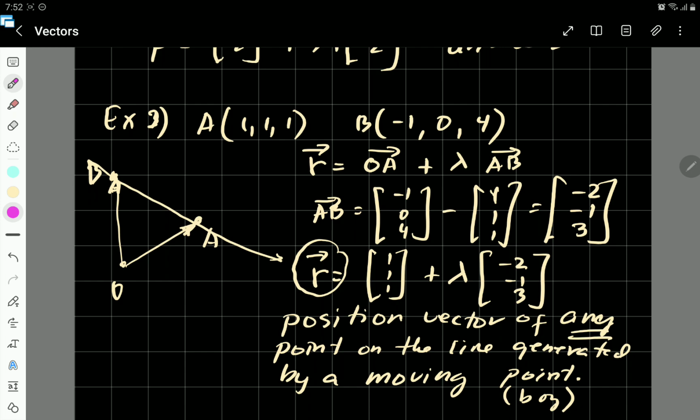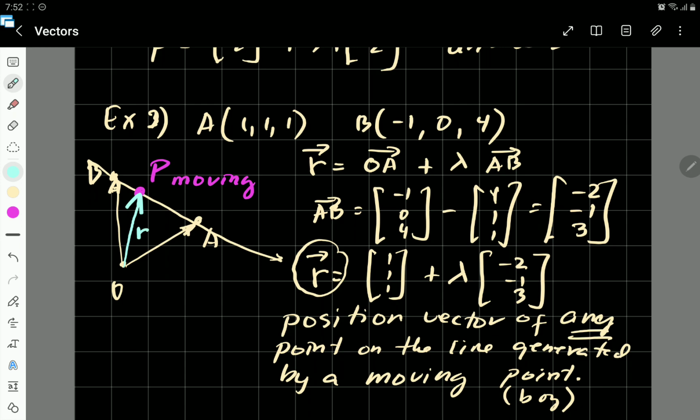So again, to complete the puzzle, the R is the position vector of any point. So let's say this is that point, and this point is moving. Where is the R? The R is this one.